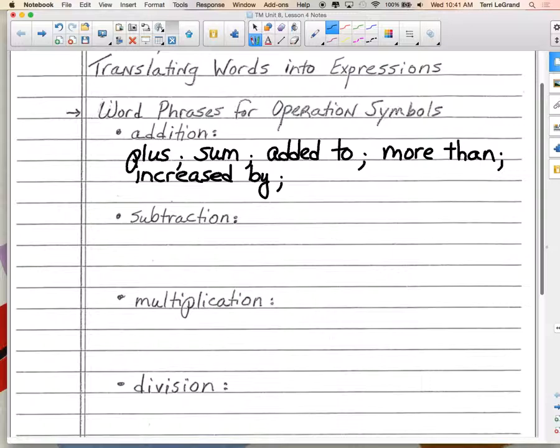Now, I want you to notice there's a difference between is greater than and greater than. So before you write, can you just listen up for a second? 4 greater than 3 does not mean the same thing as 4 is greater than 3.